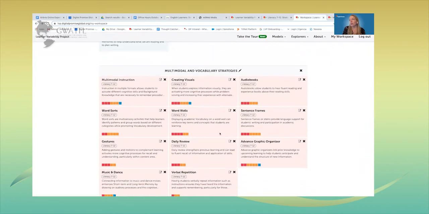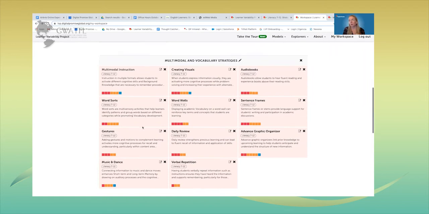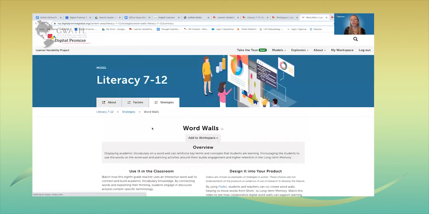A lot of the other strategies listed here speak to this multimodal aspect and vocabulary building. So creating visuals and audiobooks can help with that. Word sorts can fall into that kinesthetic category. And word walls is a great strategy to use when we're trying to build vocabulary. A couple of things to keep in mind when we're talking about word walls.